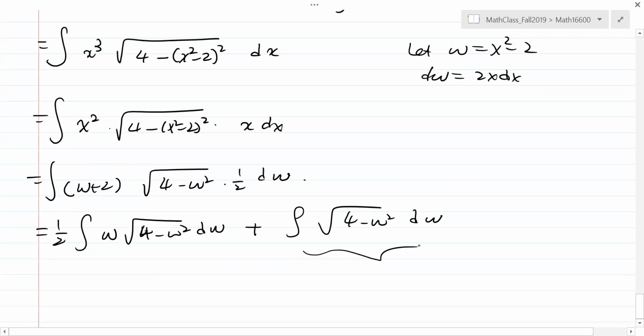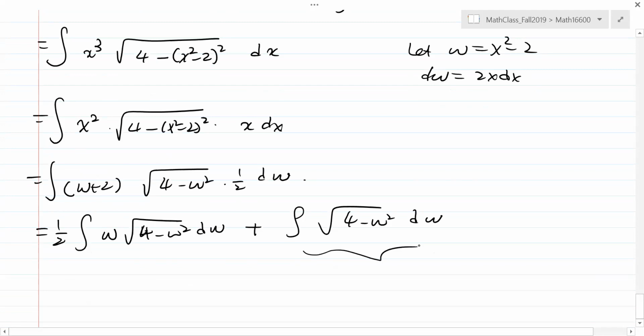So without using any formula from the book, you still can solve the problem. First, you use completing the square and the right choice of substitution. You end up with the two integrals. For each integral, you need to find the right substitution.